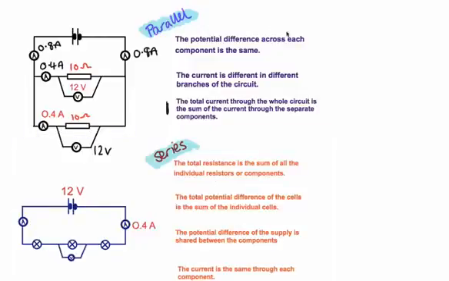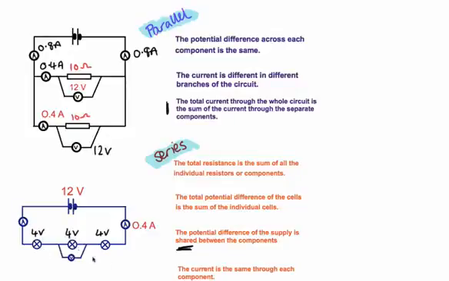Here are the rules, we've gone through those already, but if I've got 12 volts in the supply here, a 12 volt supply by this cell, what would be the potential difference across each of these lamps? Well, we know that the total potential difference of the supply is shared, so this would have 4 volts, 4 volts, 4 volts.